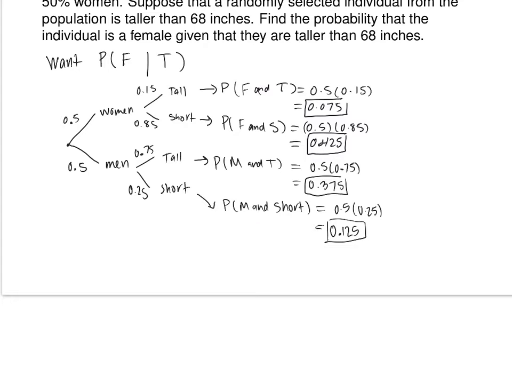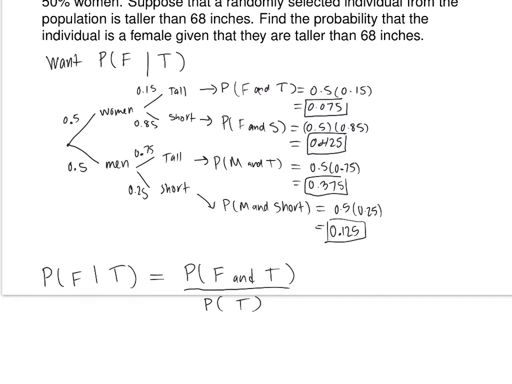Okay, so now go back to the original question. We wanted to find probability of female given tall. The basic rule to do that was F and T over probability of T, right?